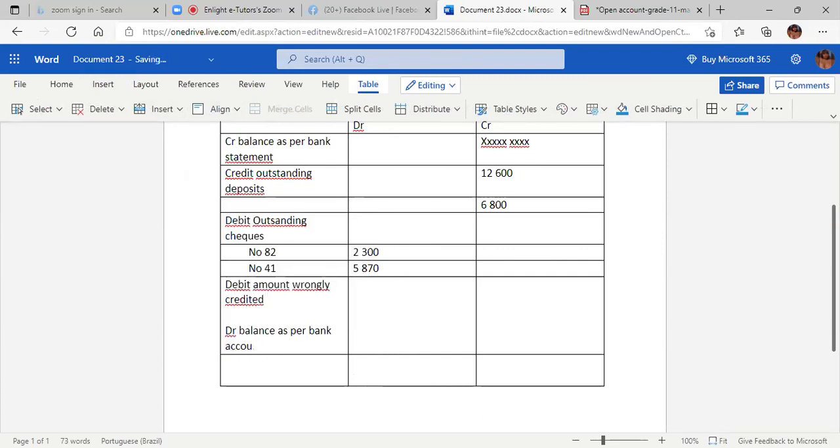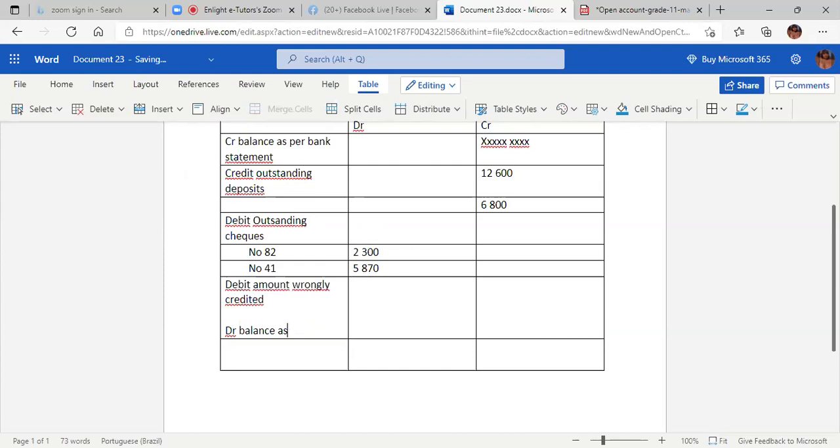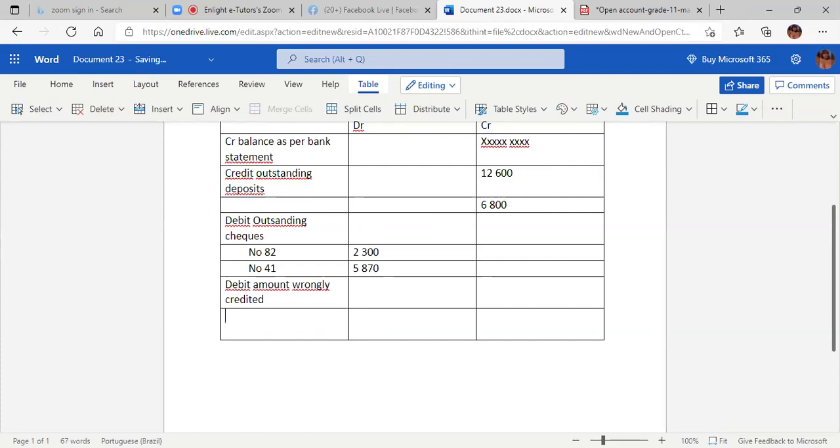I'm so sorry about that. Let me just do this. The debit balance per bank. The amount wrongly credited was how much? 14,200. And then we have the debit balance as per bank account.